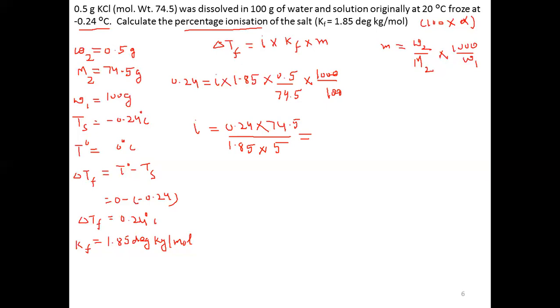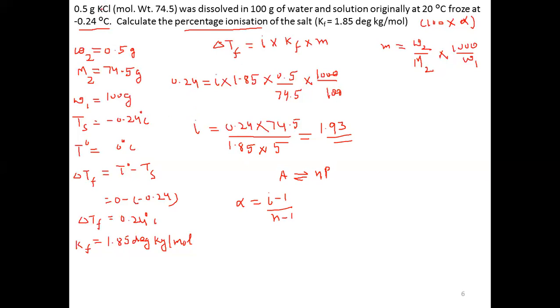So it is 1.93, something like 1.93. So this is iota, and we have a relation that if any electrolyte dissociates to n number of particles, then alpha is given by (i minus 1) divided by (n minus 1).